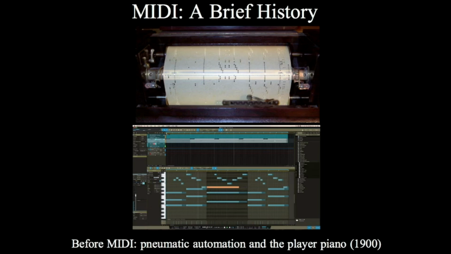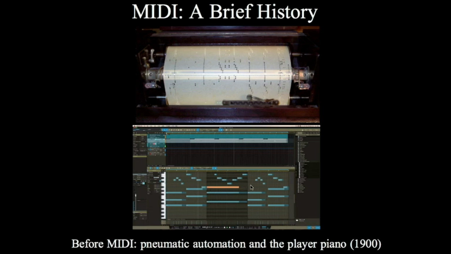As you can see here, the piano roll in a player piano from 1900 had these perforations on a sheet of paper, and as it was scrolled, as one gear pulled the paper like magnetic tape, these perforations in the paper are being read by a mechanism that's driving the keys.